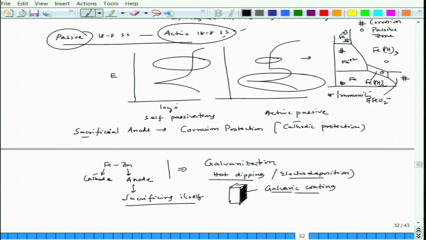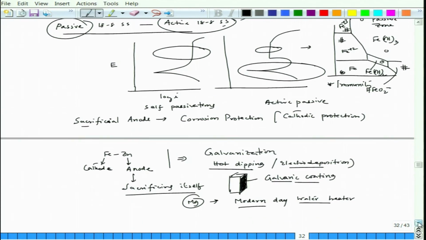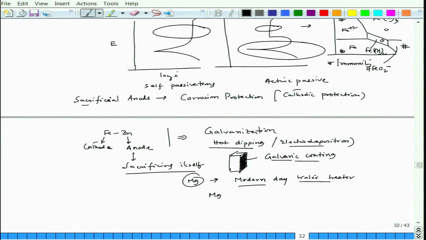Similarly, it is possible in the case of magnesium. Nowadays, in the modern day geyser water heater, we use a magnesium rod, because the modern day geyser consists of a steel casing.